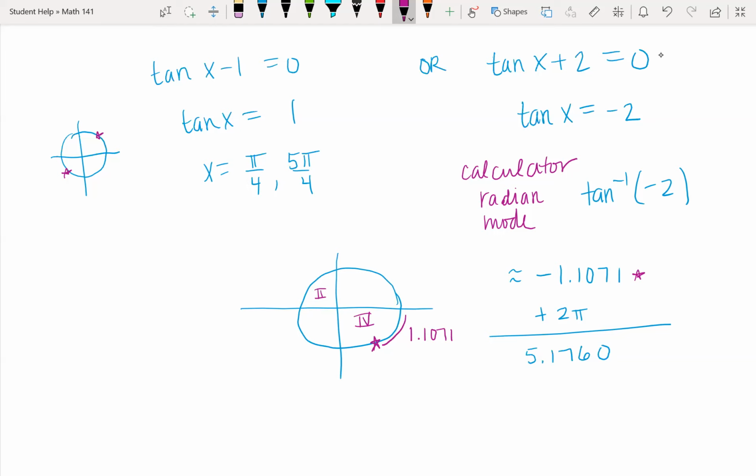Remember, we always move from the x-axis into the quadrant. So to find the other value, I'm going to start at the x-axis and move this distance to find the other solution. And so to get that, I have 180, pi minus 1.1071. So our second solution is pi minus 1.1071, 2.0345.